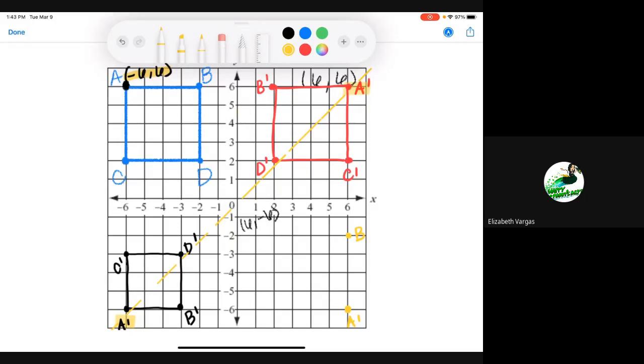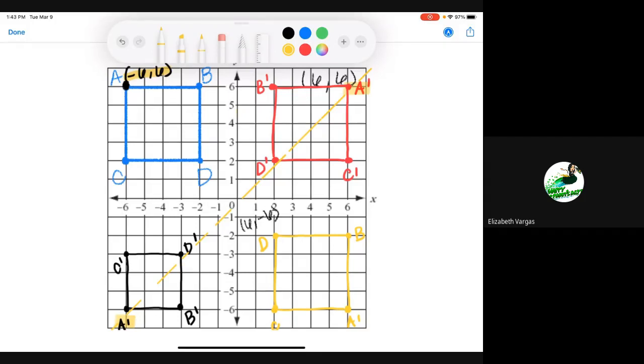I'm going to try to show you where it will map to. Okay. And so this would be my resulting image after reflection across y equals x, right?